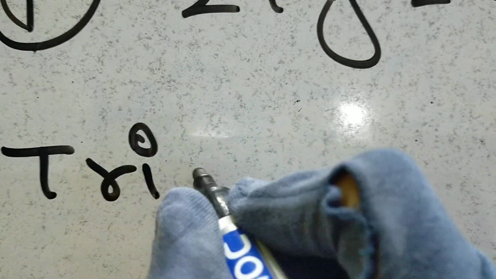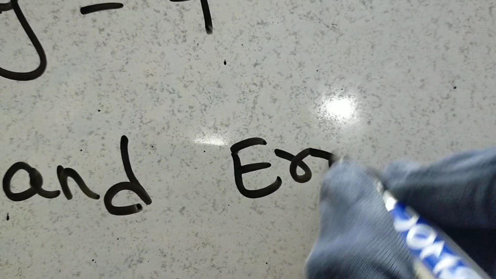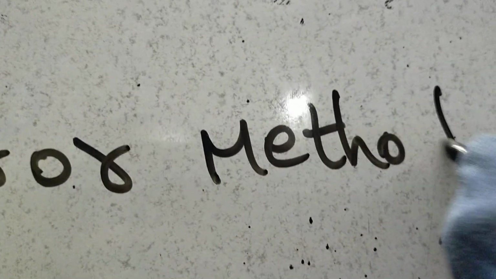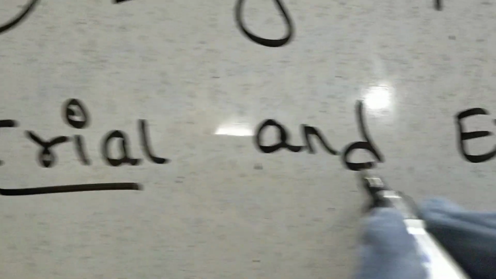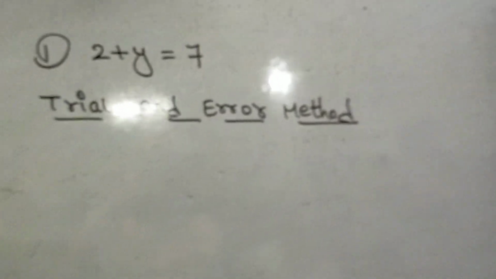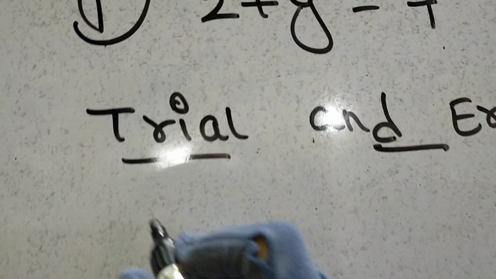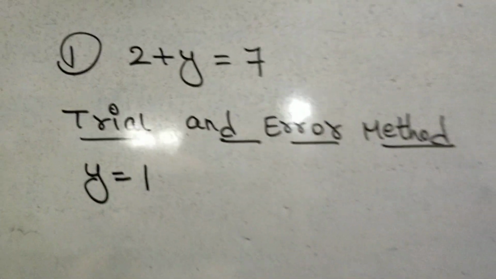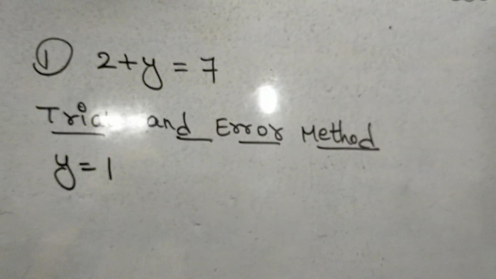What is the method we are doing? Trial and error method. In the name itself it is there. That means we are making repeated attempts, and our attempts sometimes may go wrong, but finally we'll get success. So we'll take y as 1. We are assuming.